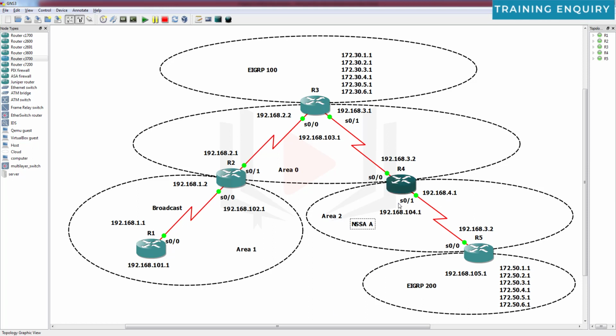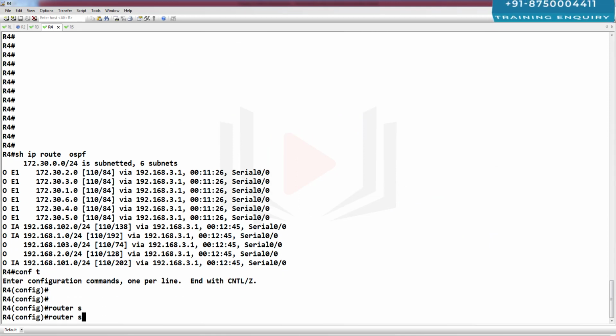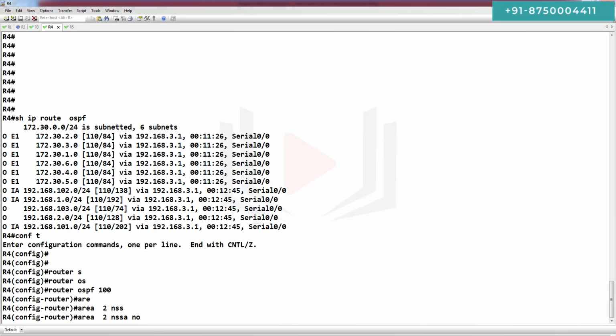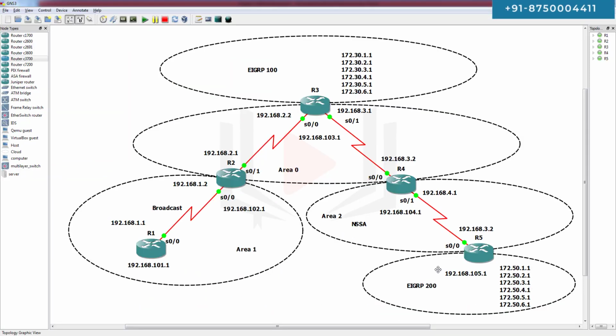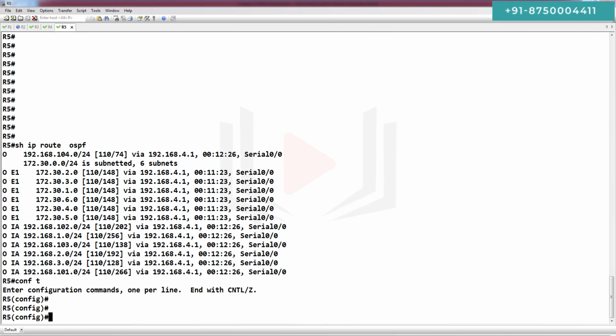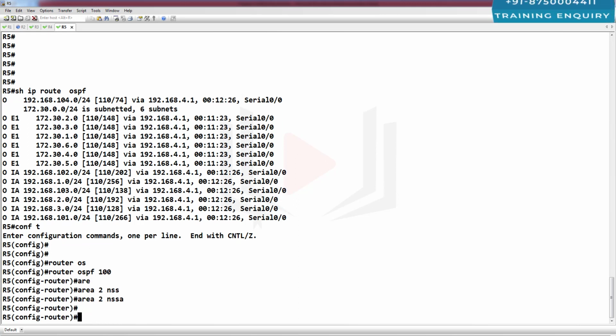So what we will do is configure this area as NSSA. Let's come to R4. R4 conf t, router OSPF 100, area 2 NSSA no-summary, default-information originate. Then we will configure R5: conf t, router OSPF 100, area 2 NSSA.